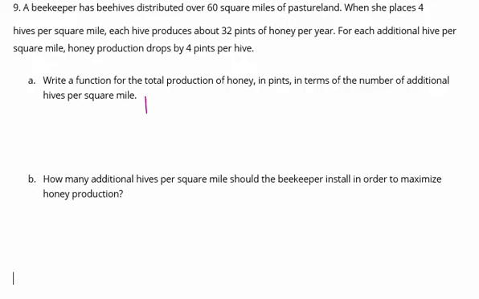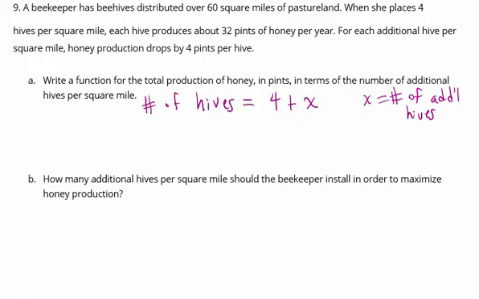And so we're going to write a couple of expressions. First, one about the number of hives, and if she starts with 4 hives per square mile and adds x new hives, where x is the number of additional hives, then altogether she'd have 4 plus x hives in a square mile.